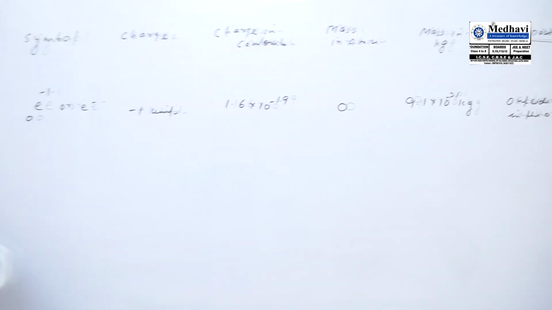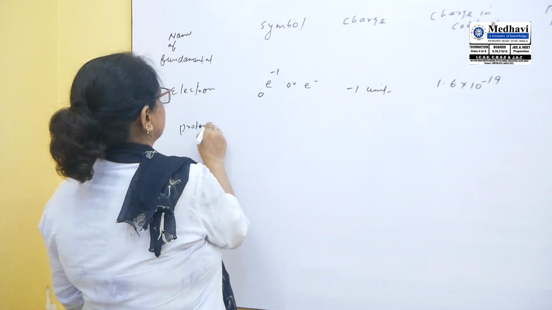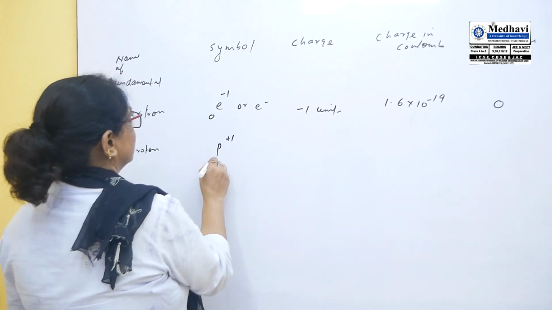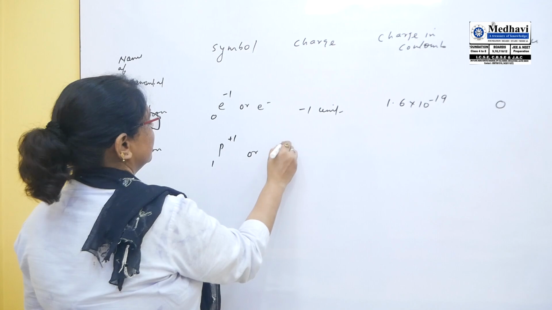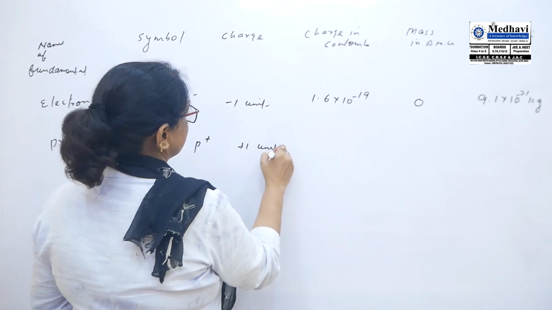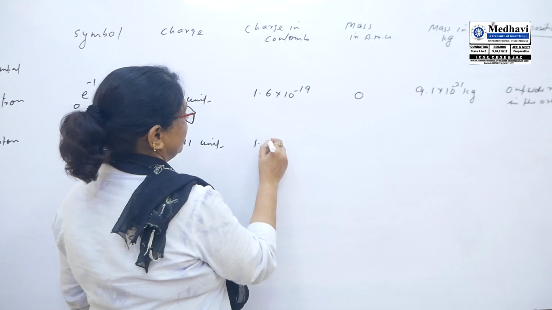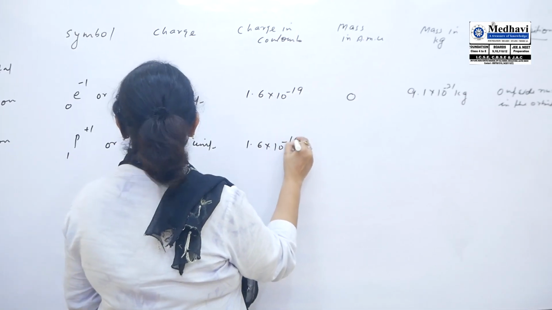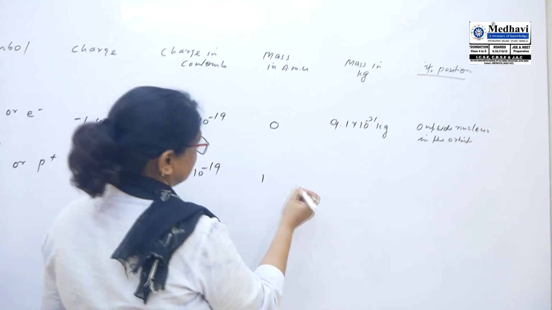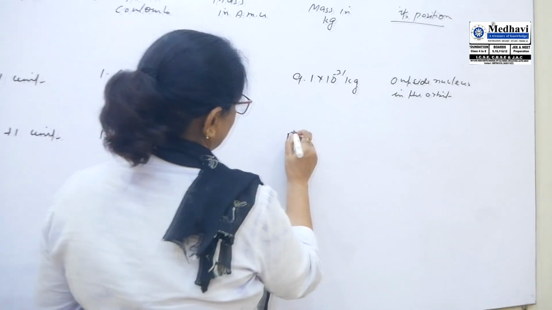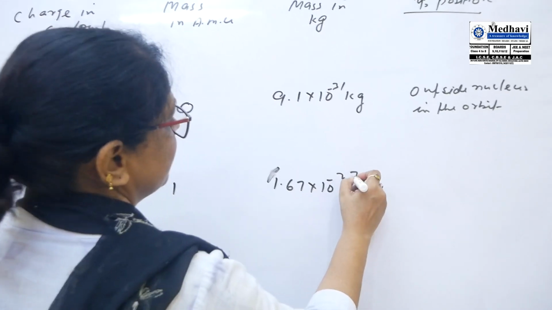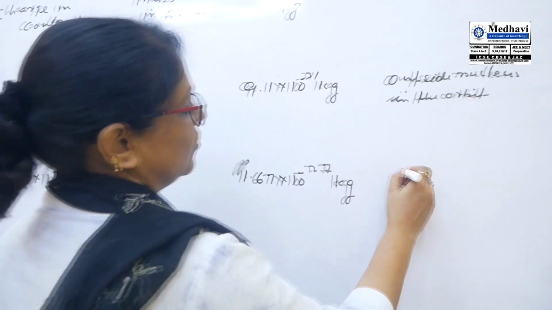Second, proton. It is p or p plus. Its charge is +1 unit. In coulomb it is 1.6 into 10 to the power -19. Its mass is also 1 AMU. It is 1.67 into 10 to the power minus 27 kg, in the nucleus.